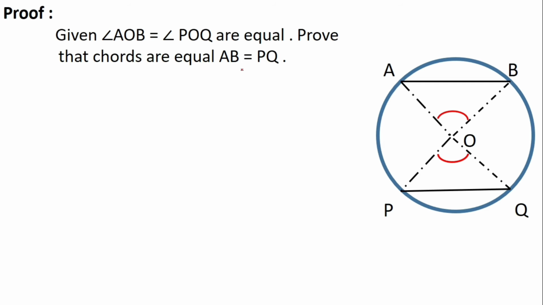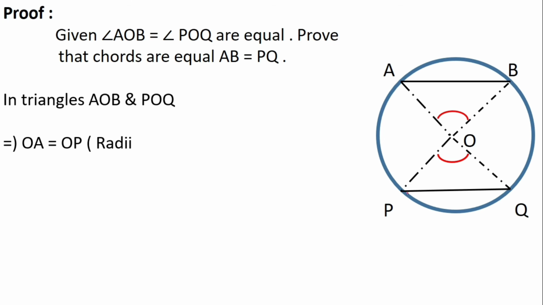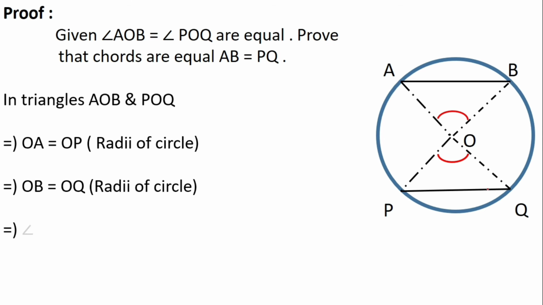So again I have to construct certain things. I am joining the endpoints of the chord to the center. In triangles AOB and POQ, I need to prove that these two triangles are congruent. The first thing is that the side OA of the triangle will be equal to OP.